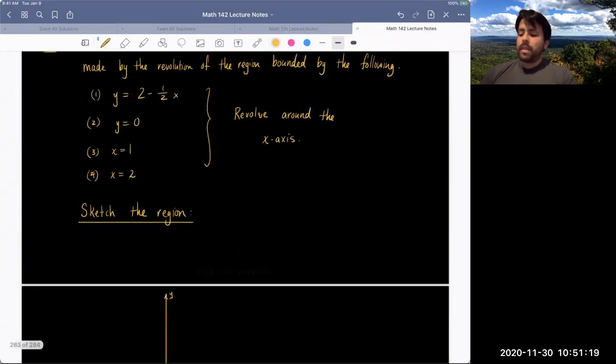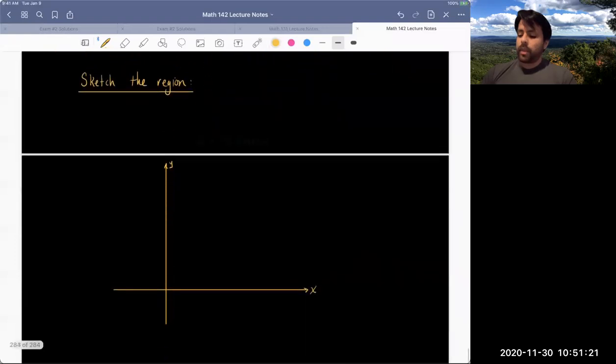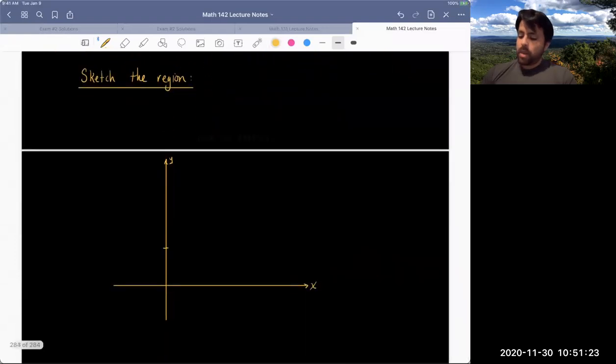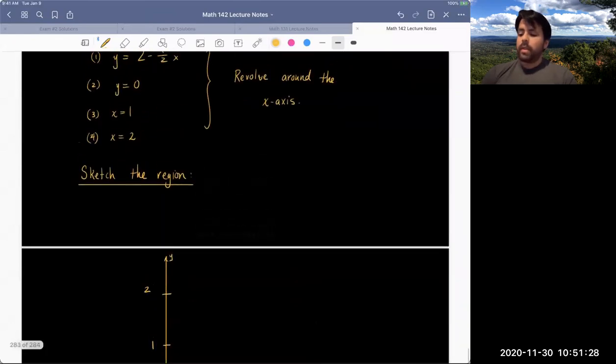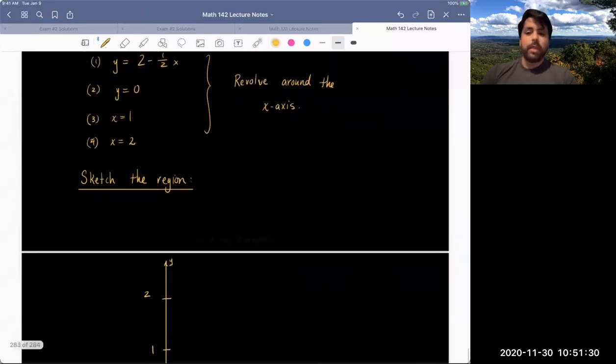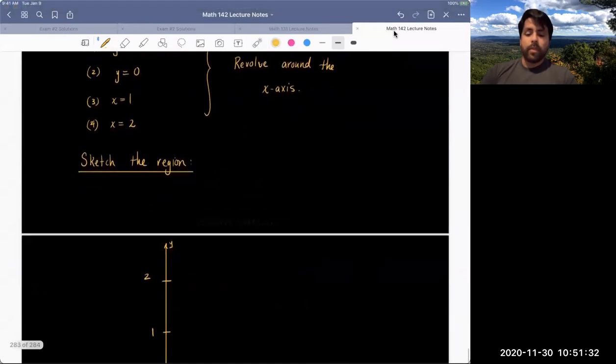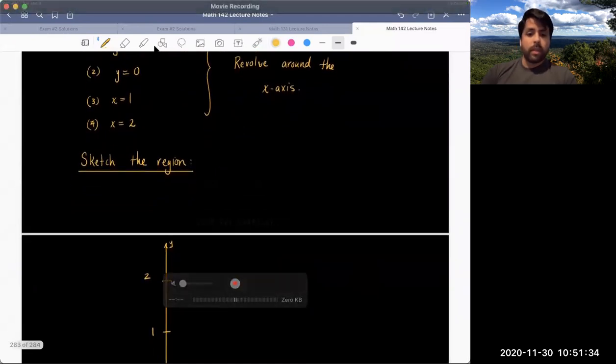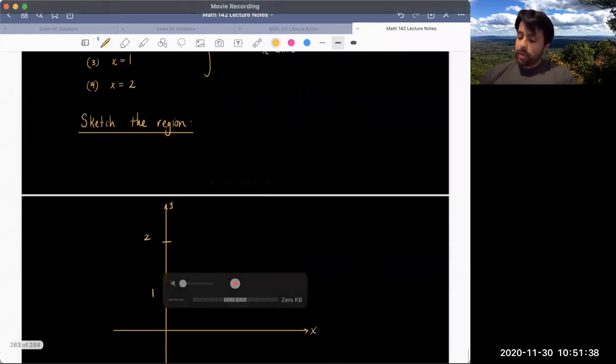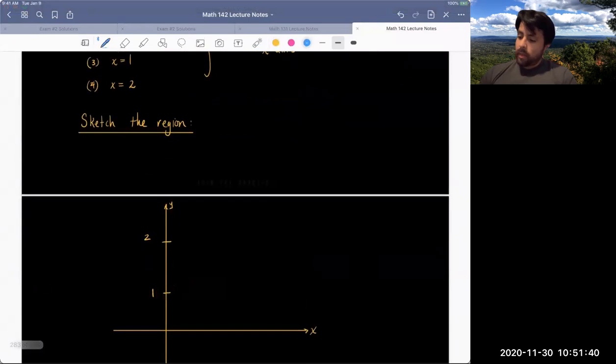I got y equals 2 minus a half x. So what is that? That's a line whose y-intercept is 2. So then I have my y-intercept being 2 here.